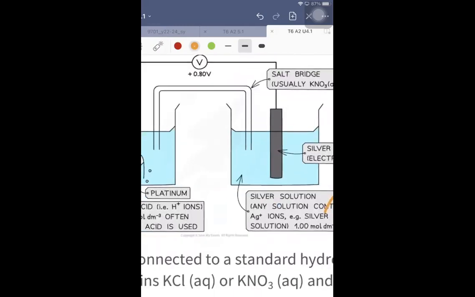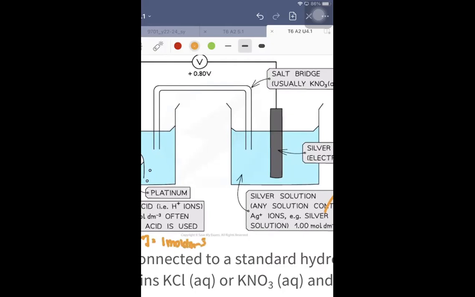Okay, so usually H plus has to be 1 mole per dm cube because that's the standard criteria. Most of the time, the source of H plus we use is HCl. Okay, if you use sulfuric acid, that means you need only 0.5 mole per dm cube of H2SO4, which equals a concentration of H plus of 1 mole per dm cube.